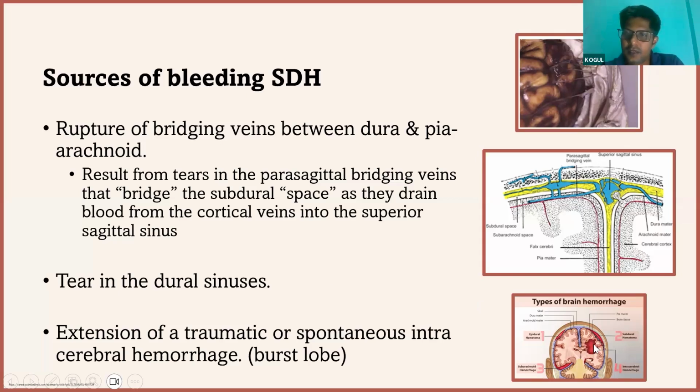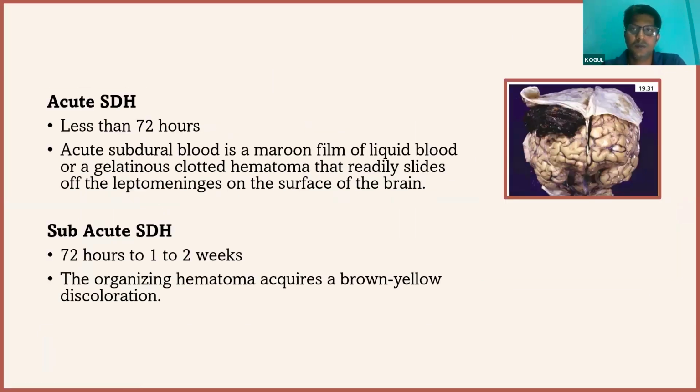Sometimes the intracerebral hemorrhage becomes large, damages the subarachnoid layer and goes into the subdural space. So extension from ICH is also possible. So commonly damage to the bridging vessels is the common reason for SDH, and dural tear and traumatic extension from ICH are also possible.